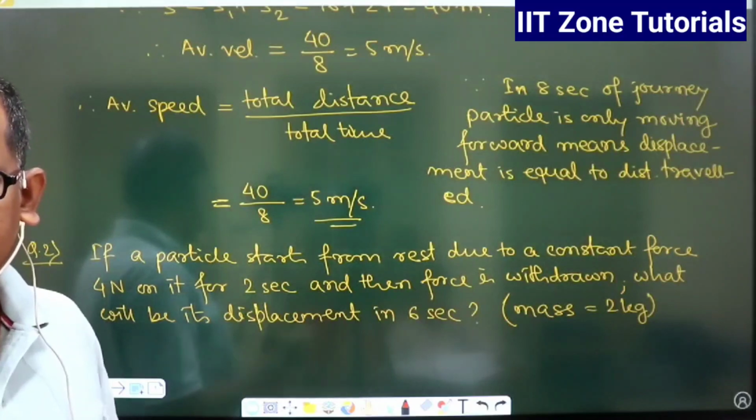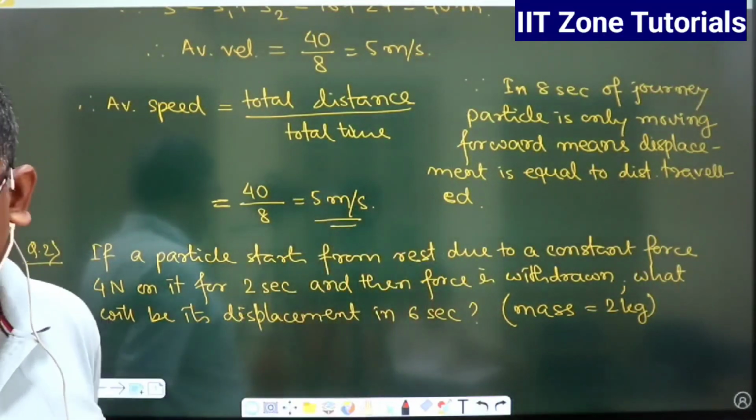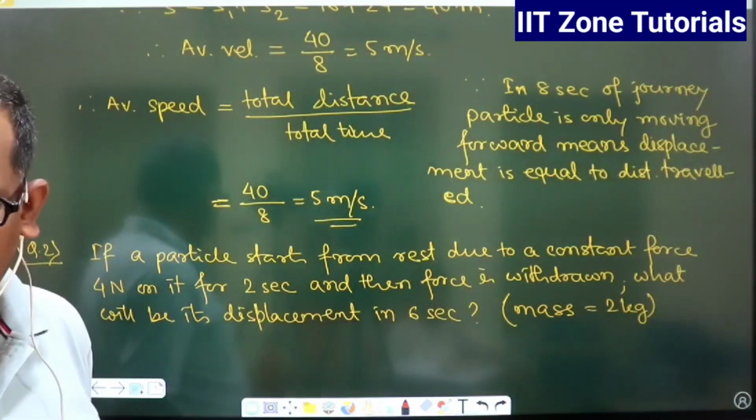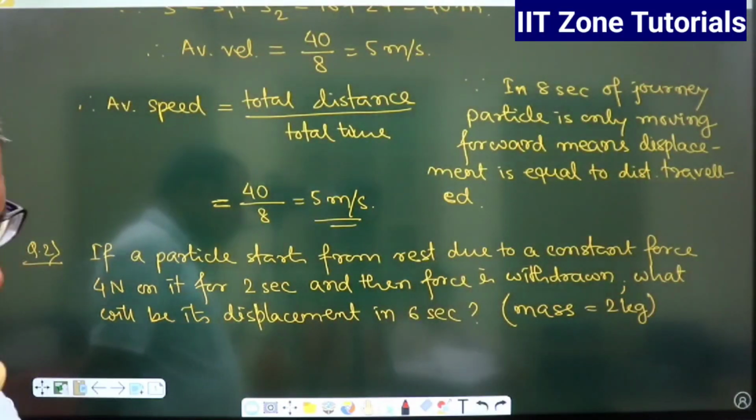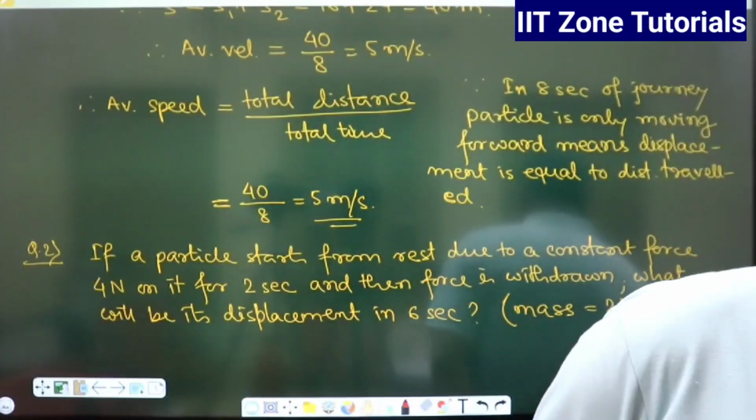Withdrawing force means there will be no acceleration from t equal to 2 to t equal to 6 seconds. Got it? So what happens when no acceleration acts on a body?